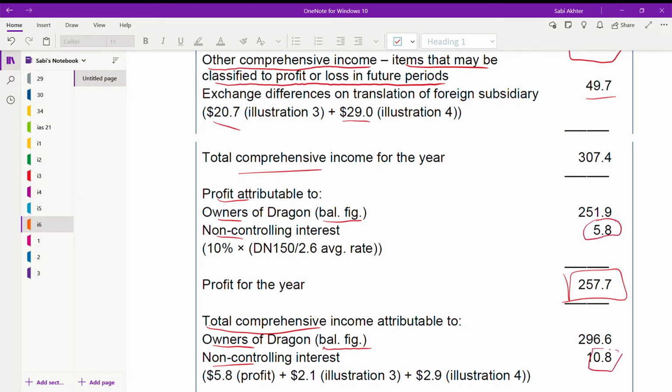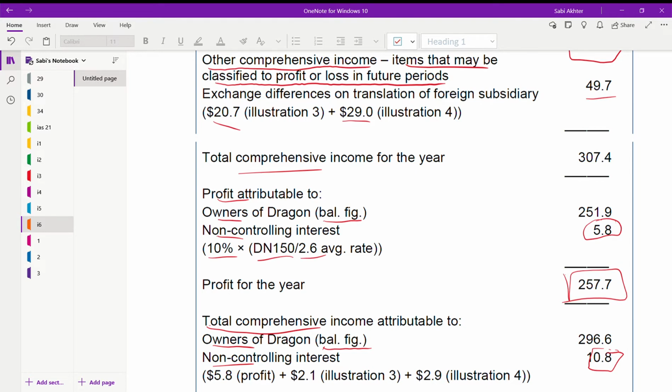So NCI you have to take 10% of what? Post acquisition profit into 2.6. Post acquisition profit only you have to take. Okay, this is profit, that's it, not the total NCI. So DN 150 divided by the average rate.